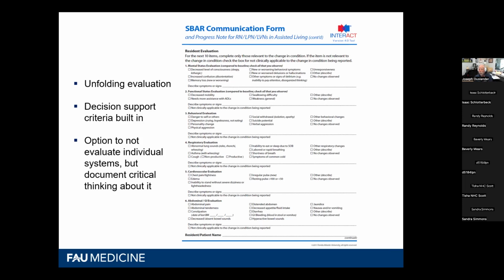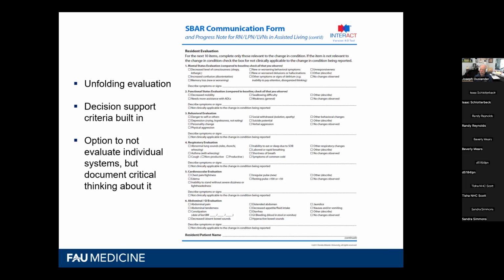There's decision support from our care paths and change in condition guidance built into it. And the way it's operationalized on PointClickCare is that you don't see all these questions. You only see the questions that you need to answer. And we're going to be refining that, hopefully, over time.